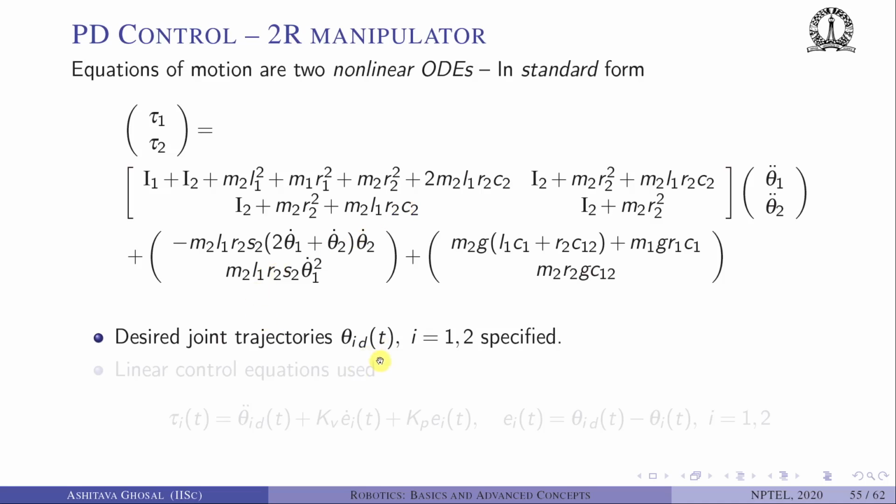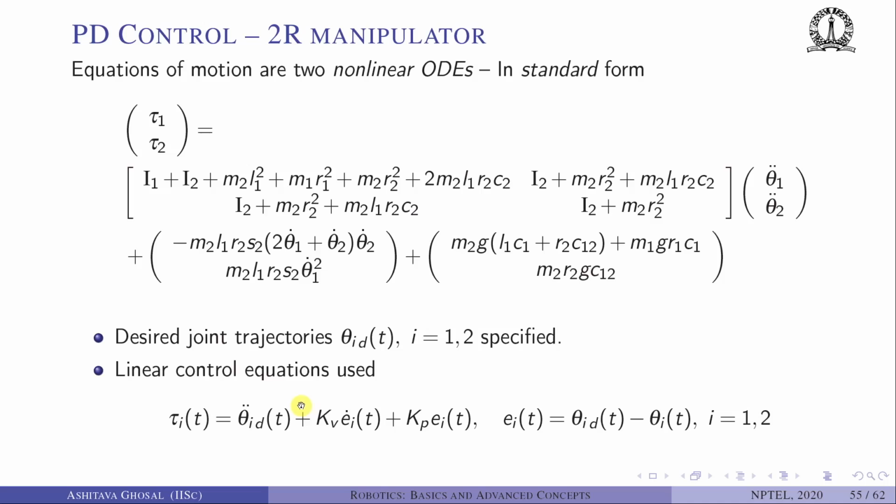The desired joint trajectories are specified, nice smooth cubic trajectories. And what we are going to use is a linear control, which is tau i of t equals theta id double dot of t plus kv ei dot plus kp ei, where ei is nothing but theta id minus theta i. So on the left hand side, tau 1 and tau 2 will be substituted by this.